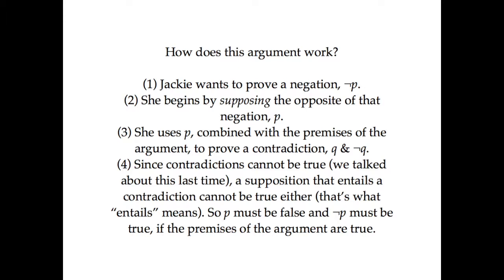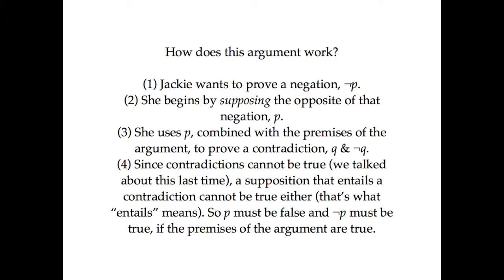Statements of the form Q and not Q, or P and not P, cannot be true. And so a supposition that entails a contradiction also cannot be true, right? That's what entails means. Entails means that the premises cannot be true unless the conclusion is true. Since a contradiction can never be true, no statement that entails a contradiction could ever be true.